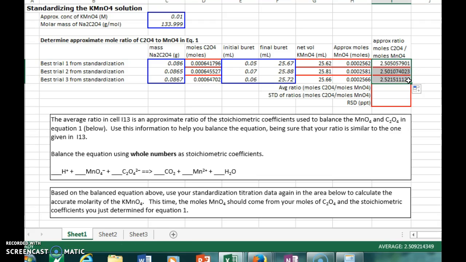Okay, let's look at sig figs. Your balance goes to the 10,000th place, so we have to make sure that all of our masses do that. So because these all have 3 sig figs, your moles are also going to have 3 sig figs for each of those.